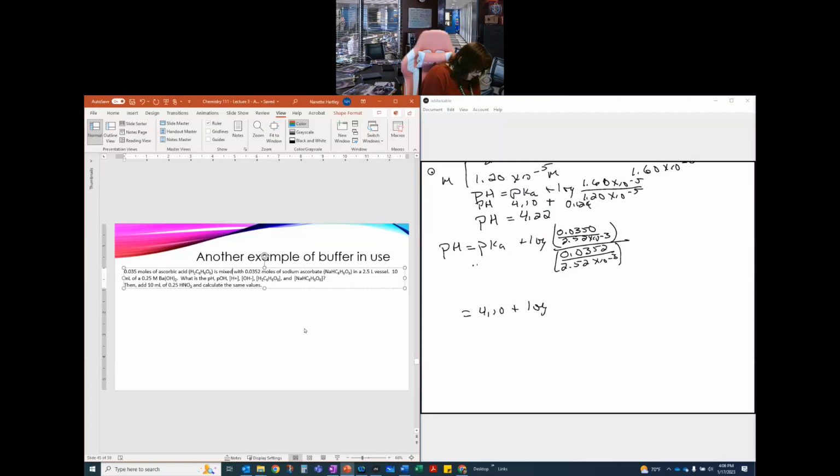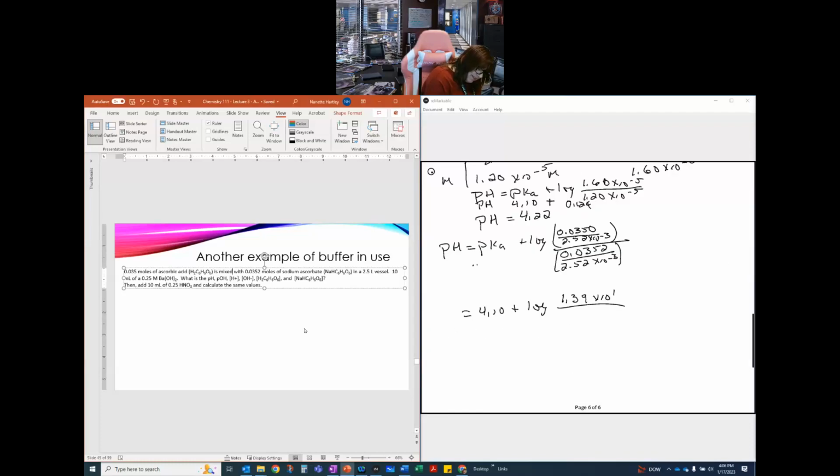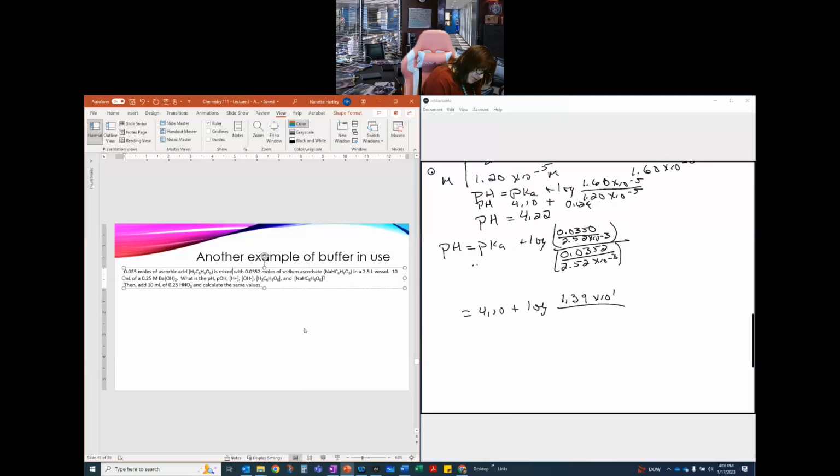0.0350 divided by 2.52 times 10 to the third. Oh, wait, hold on, sorry. That's not negative 3. It's positive 3.